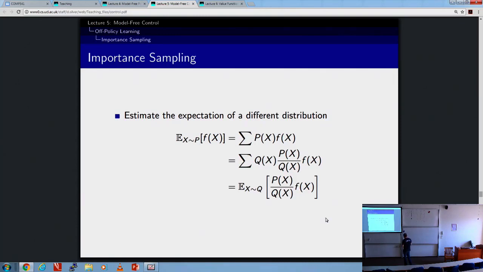What would be an example? Let's say f of x is some function of x, tangent of x or something. And the p distribution that I'm interested in is the uniform distribution between -1 and 1. I want to know the expectation of tangent of x if I generate x between -1 and 1.